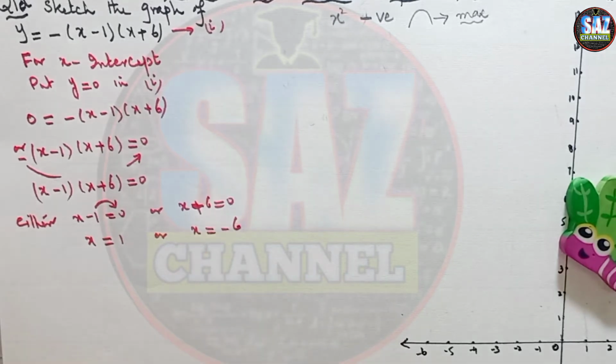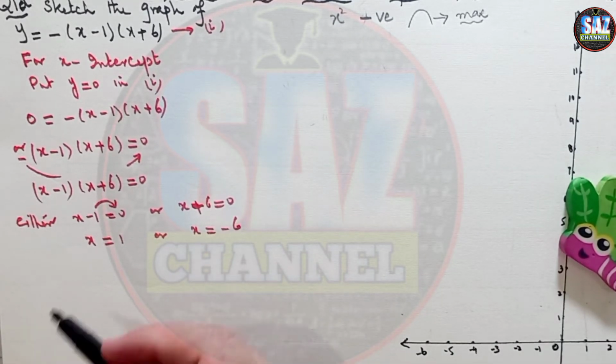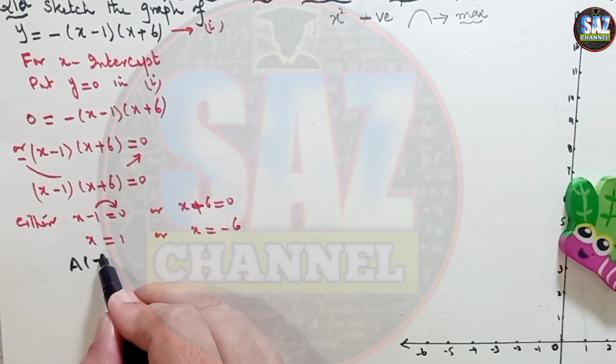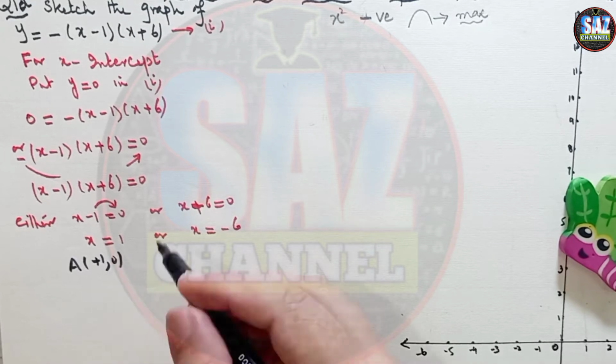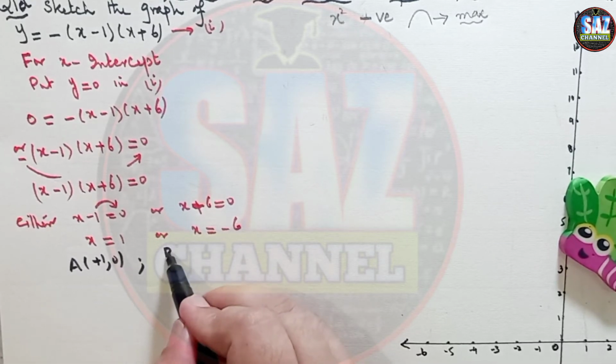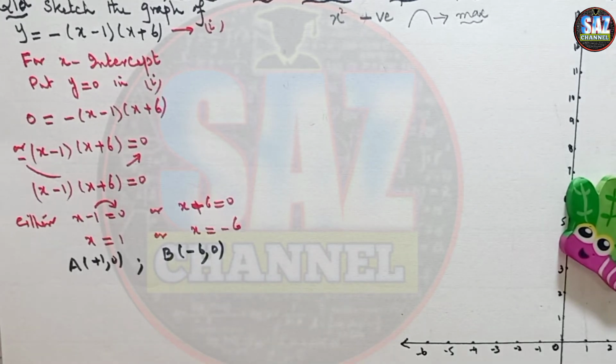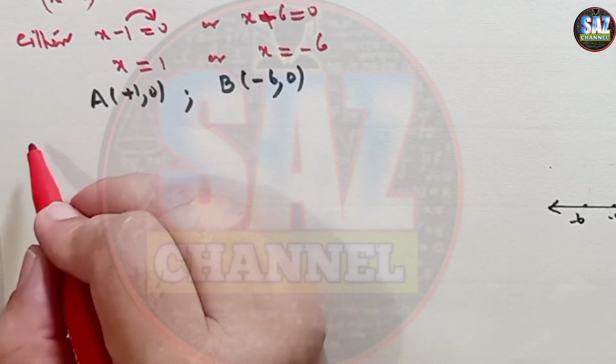Now whatever values of x we are getting, we have to write them in the form of points. So one of the points is, suppose, A (1, 0), and the other point is B (minus 6, 0). X-intercepts are done.